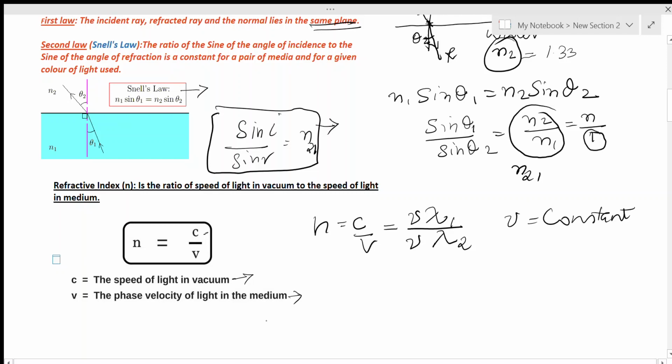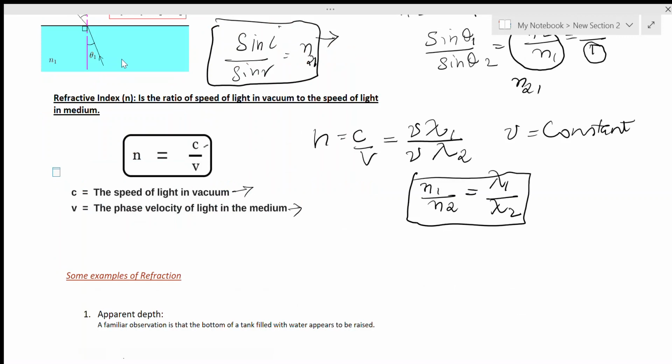So what we get, n1 divided by n2, with first medium's values in the numerator, is lambda 1 by lambda 2. So like this we get a ratio for n1 by n2 as lambda 1 divided by lambda 2.